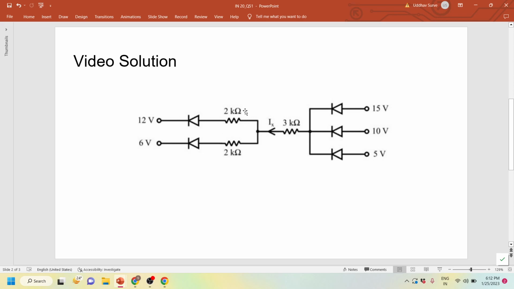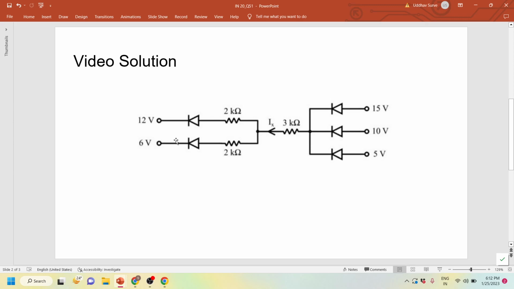Now here, start off with one thing. Assume 15 volt is here, and you see individually. Let's start with 6 volt first. You can always apply the superposition theorem later to calculate the current by taking sources individually, but let us start with 6 volts first.